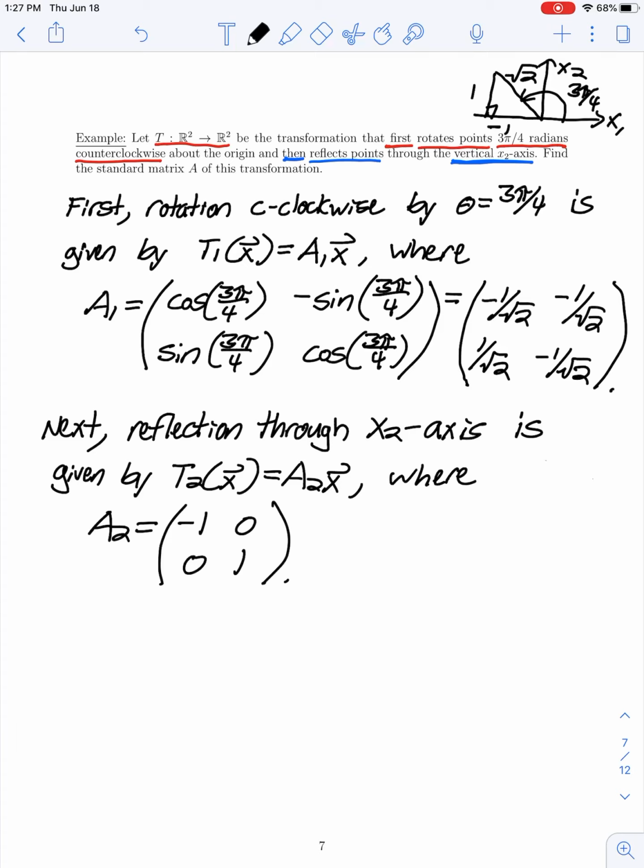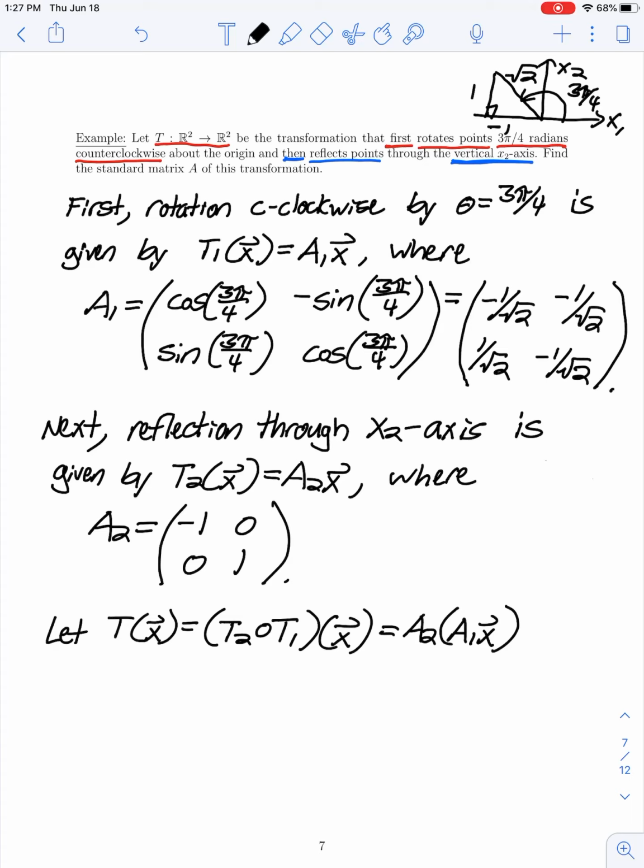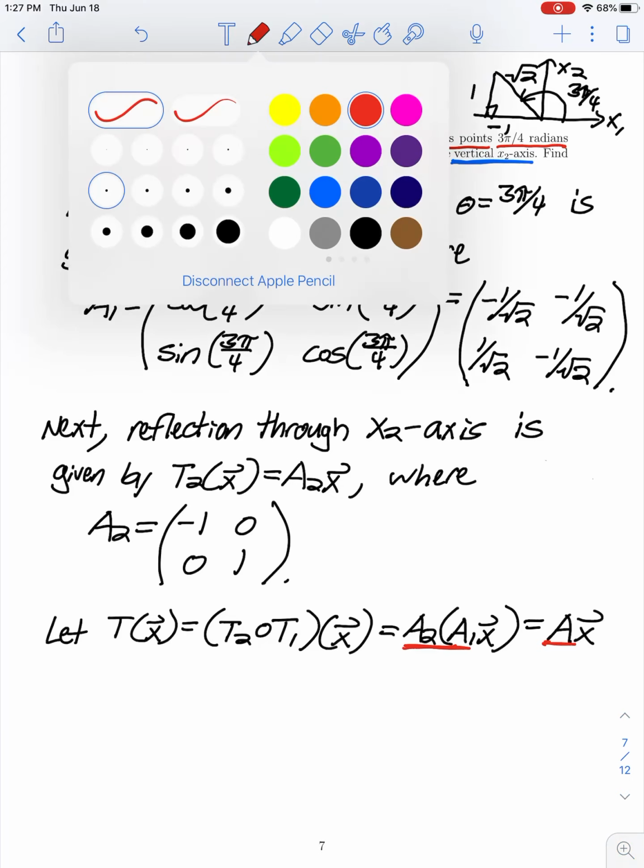So the transformation that we're interested in, which performs both of these operations, would be T of x, which would be the composition of these two transformations, T2 of T1 of x, which is given by A2 times A1 of x, when I first apply A1 and then apply A2, which I can then describe as a single matrix transformation A times x, where this matrix A is the product of A2 with A1.